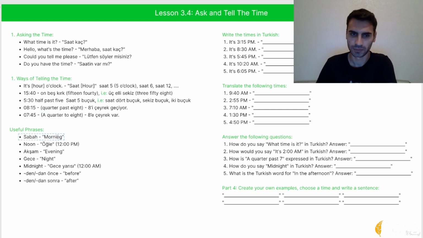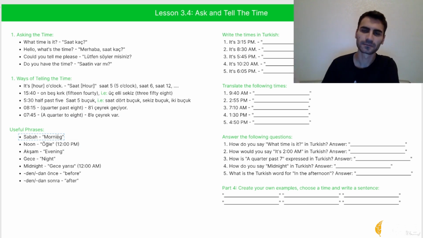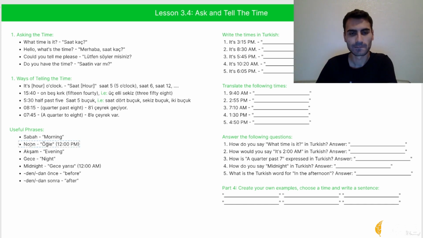Okay, useful phrases. Sabah, like sabah 8. Let's meet at 8 o'clock in the morning. Sabah 8'de buluşalım. Öğle, noon. Öğlen 12'de. Öğlen 1'de. Akşam, evening. Gece, night, midnight. Gece yarısı.